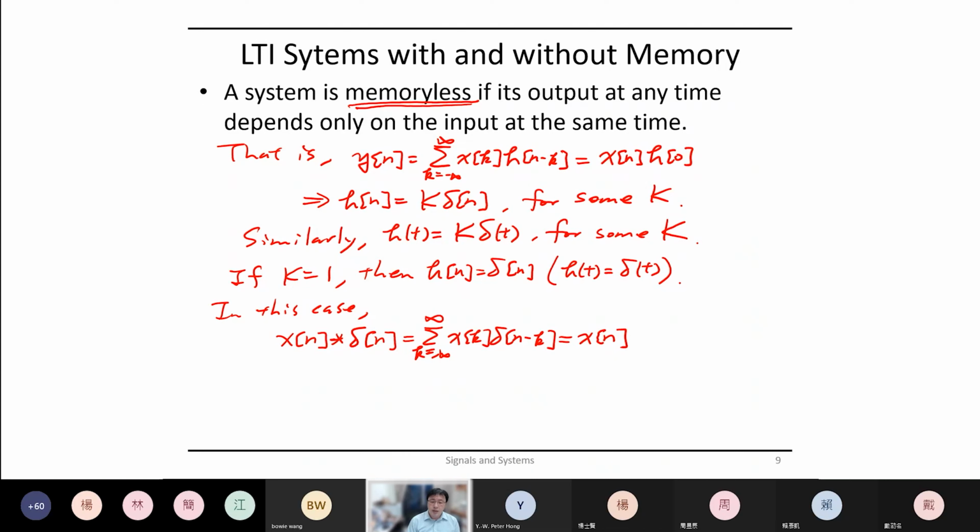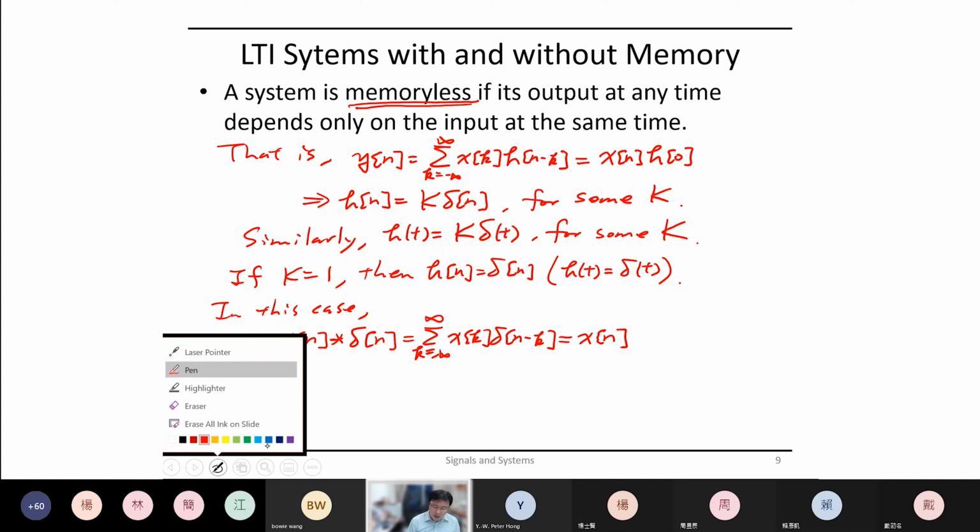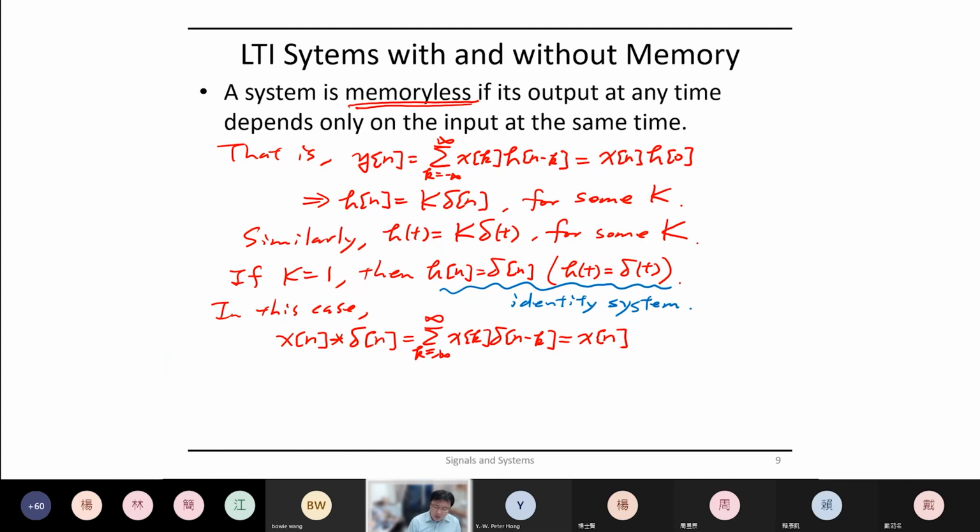So this means that if you have an impulse response equal to delta[n], passing any signal through this system will give you an output that is equal to the input. So this is the impulse response of an identity system. You can show this similarly for continuous time as well.